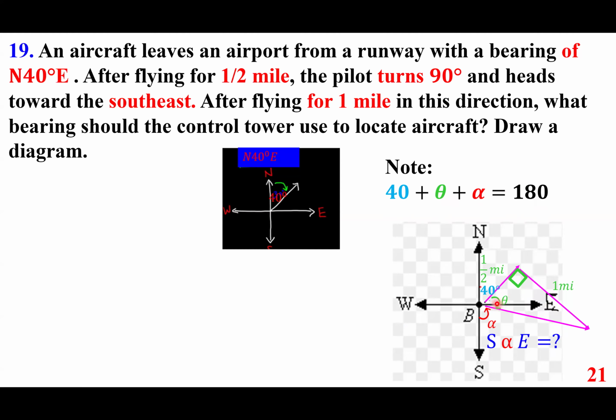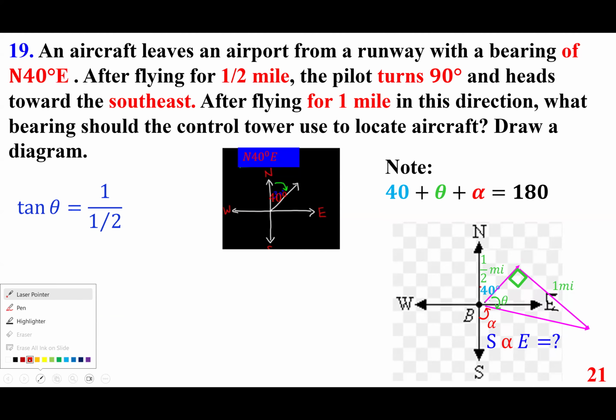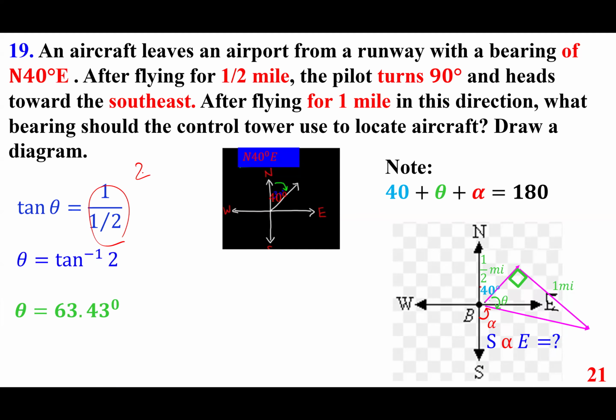So tan of theta is the opposite 1 over the adjacent 1/2. That means 2. So theta is tan inverse of 2. Putting it into a calculator results in 63.43 degrees.